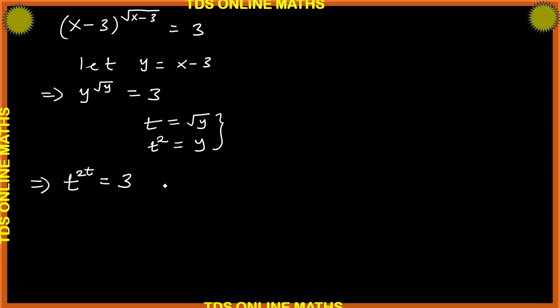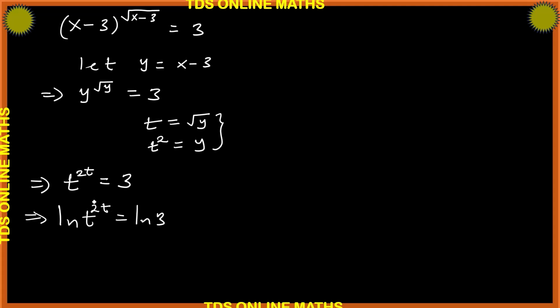All right, so let's proceed by taking log on both sides. We want to bring the 2t down, so let's take natural log on both sides. That will be ln of t to the power 2t equals ln of 3.